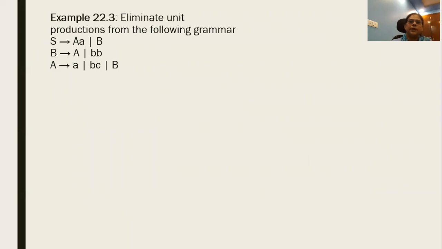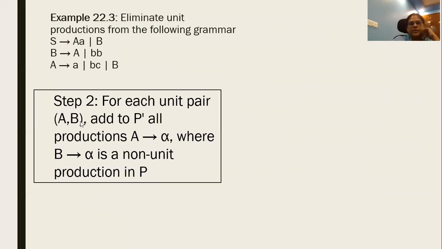Now for step 2. Step 2 says that for each unit pair (A, B), add to P' all productions A derives alpha, where B derives alpha is a non-unit production. In simpler terms, let me show you how this is done.